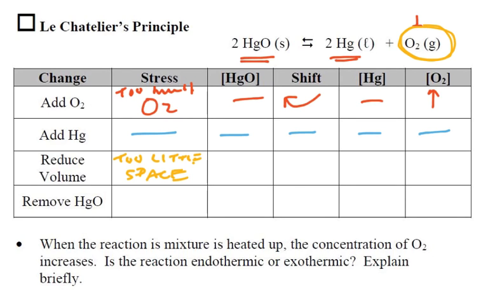The other side, my reactant side, there is 0 moles of gas. So the 2 moles of liquid and the 2 moles of solid do not count. So I'm just going to say 1 mole, 0 mole. If there's not enough space, I'm going to shift to the left. These don't change because they are solids and liquids, and my oxygen will go down a little bit.